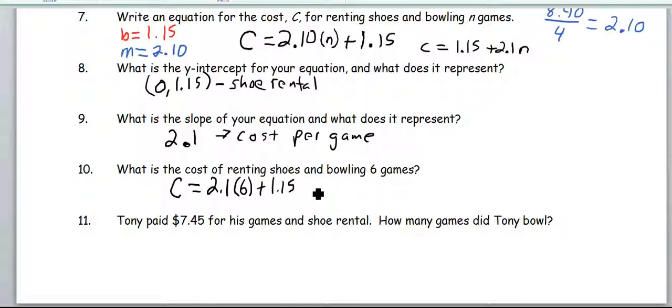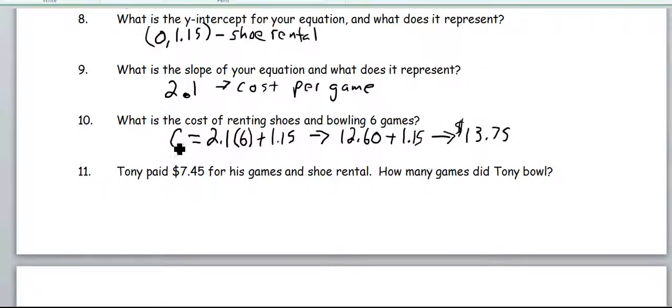So if we simplify that, 2.10 times 6 becomes 12.60, plus the $1.15, and when we simplify that becomes $13.75 to bowl 6 games.